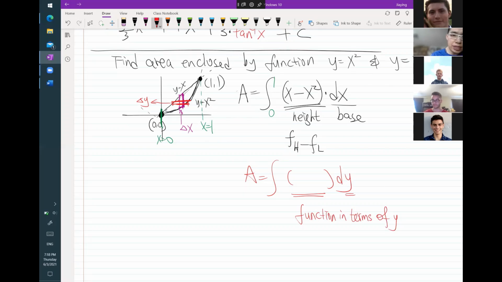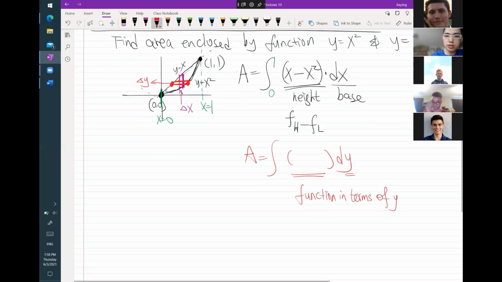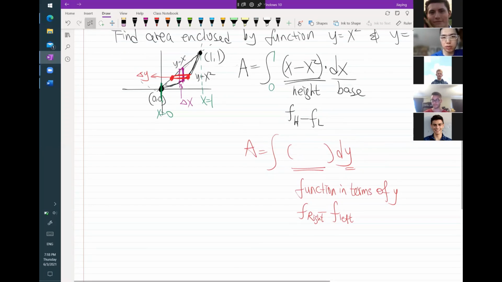Let's find the base of this horizontal rectangle. That's the function on the right minus the function on the left. The function on the right is y equals x squared.